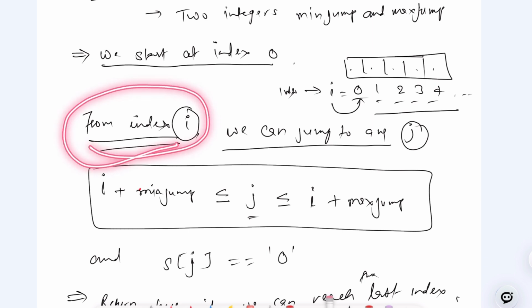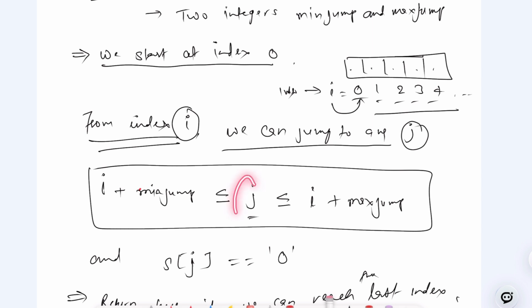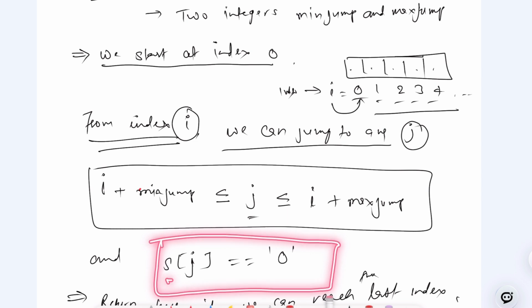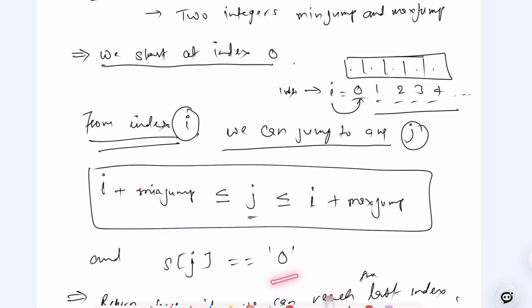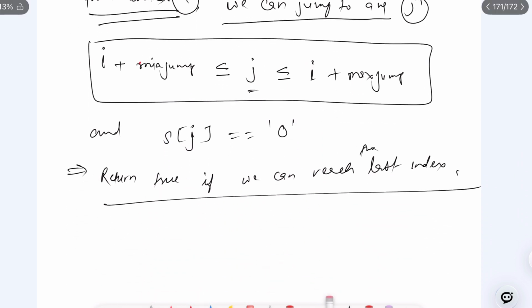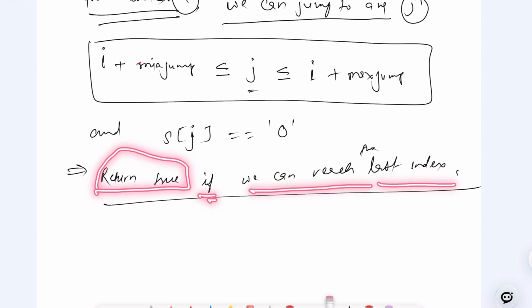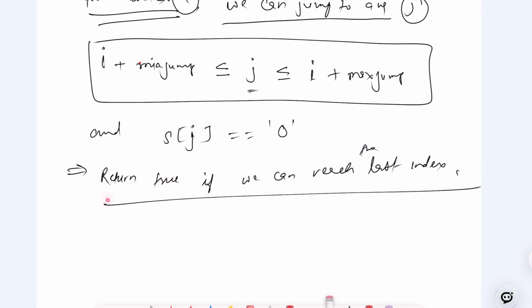For any index i, we can jump to any index j. The range for j should be between i plus min jump and i plus max jump. If the value at j is 0, it means it is reachable, so we return true if we can reach the last index.